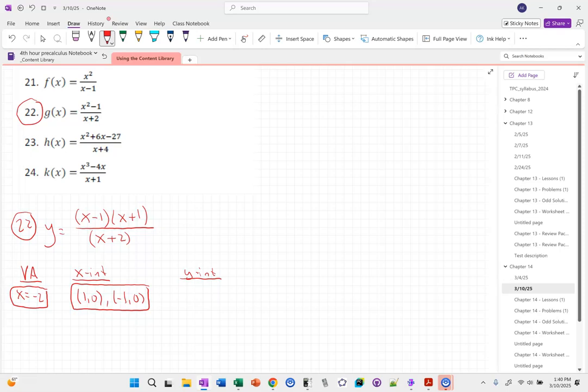Who can tell me the y-intercept? Not 0 over 2. 0, comma. Nope. Negative 1/2. 0 minus 1 is negative 1. 0 plus 1 is 1.